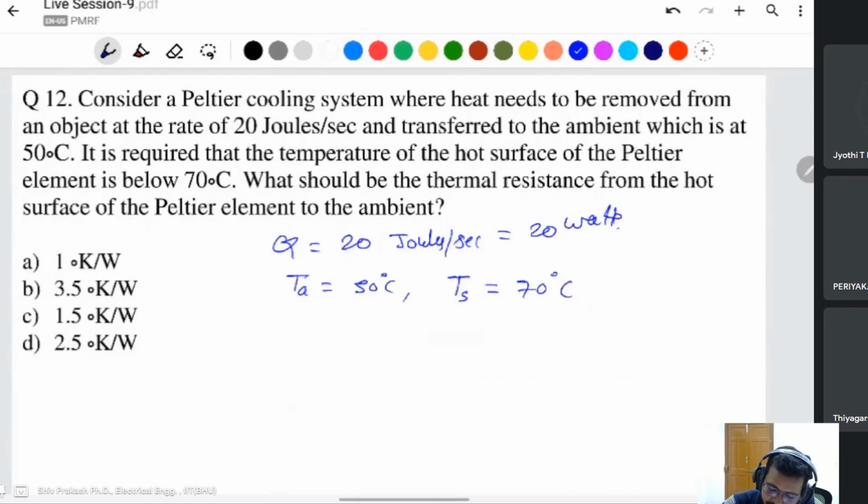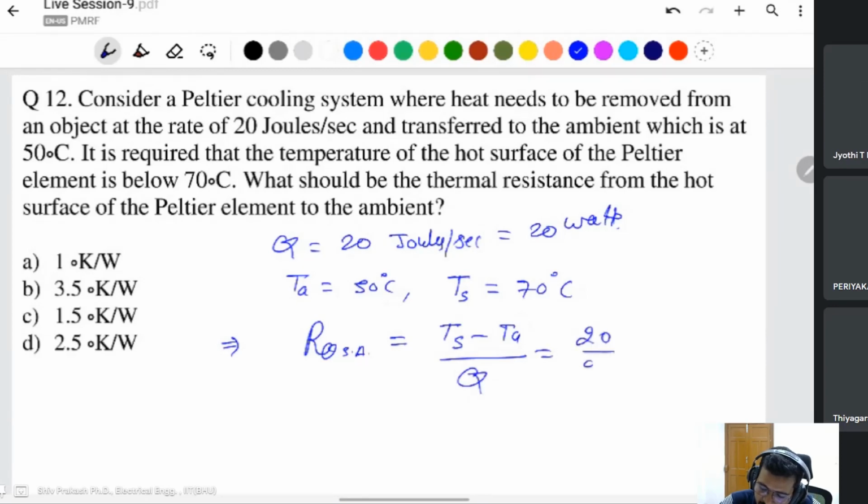It means theta from surface to ambient is known as T surface minus T ambient, delta T, divided by Q. Delta T is 20 divided by 20 watt. It will be 1 degree Kelvin per watt, or 1 degree centigrade per watt, both are the same.